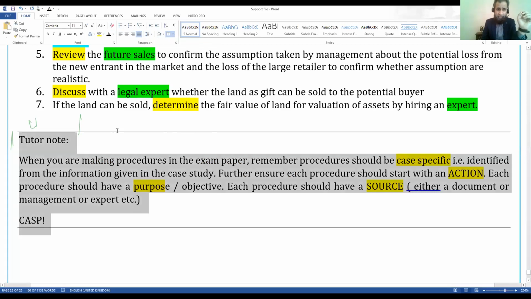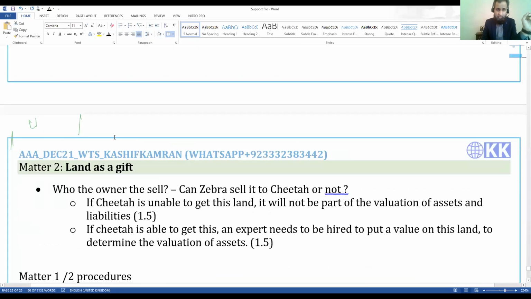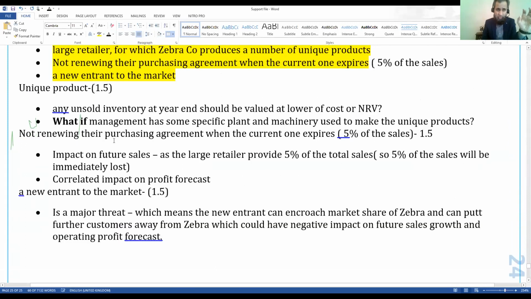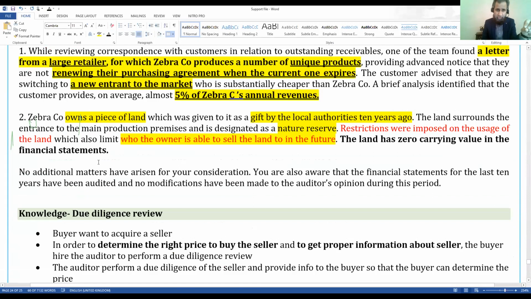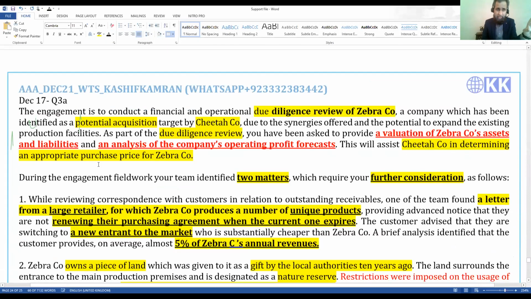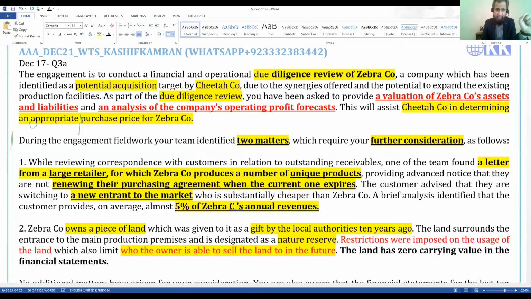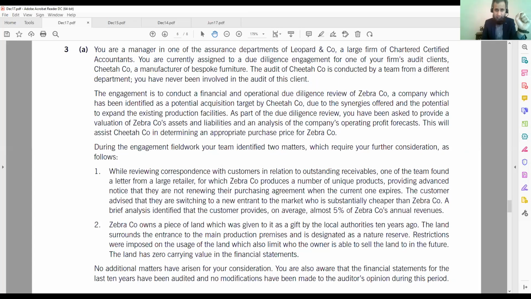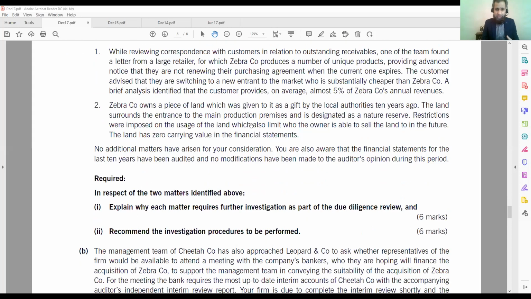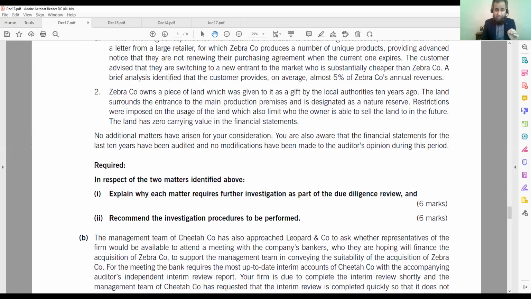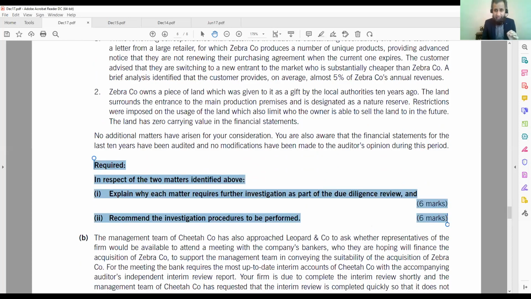Now tell me, when we looked at this question with marking scheme, we break the question, we read the question, we looked at the knowledge of due diligence, what's the purpose of due diligence, how you go about picking up the meta. What was so difficult in this question now in front of your screen? See, the case study and the requirements. The first thing always you have to do in exam paper is what?